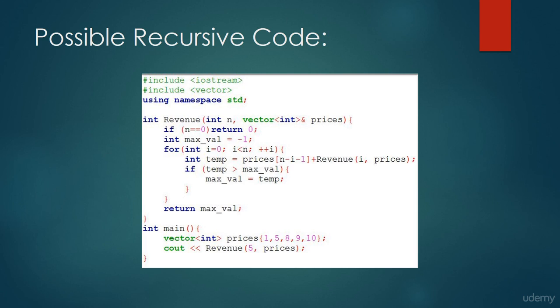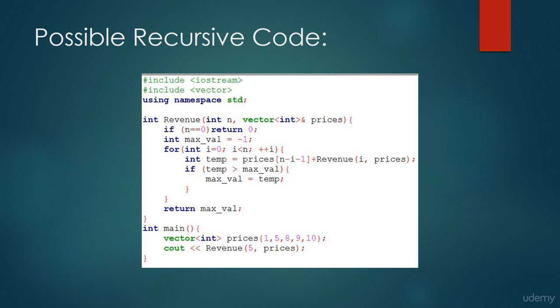So we loop for int i equals 0, so i goes from 0 to n-1. We take care here for the indices, because C++ counts from 0 to n-1. Whenever we're using a vector, we should take care about the indices.